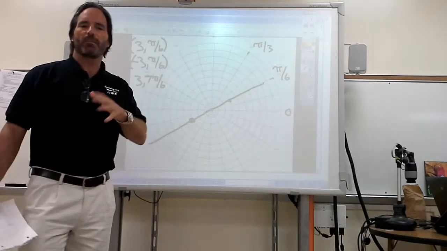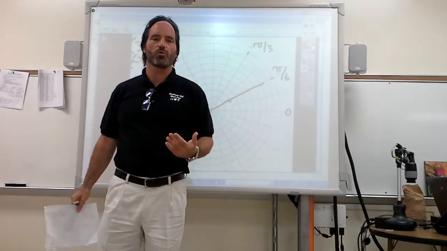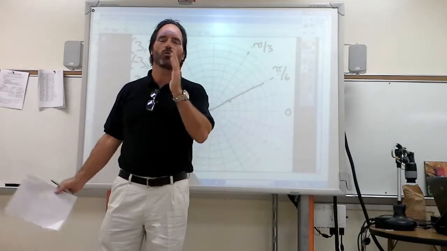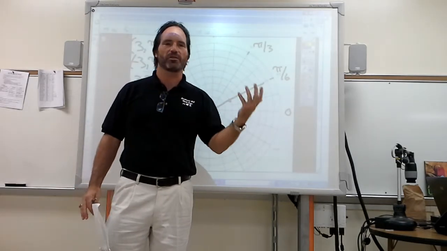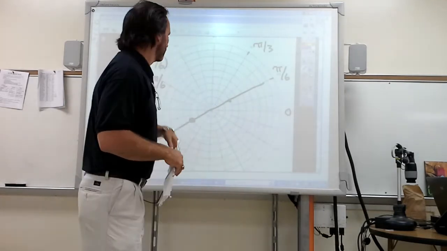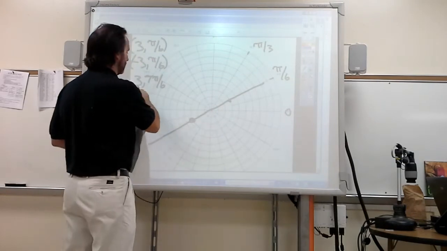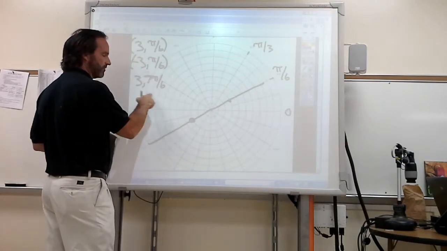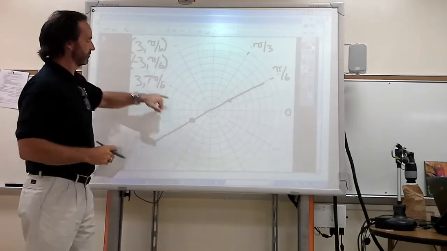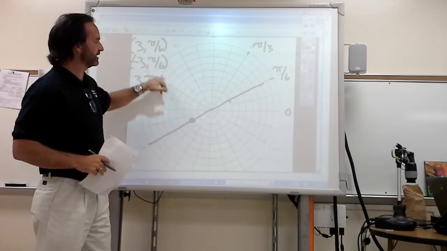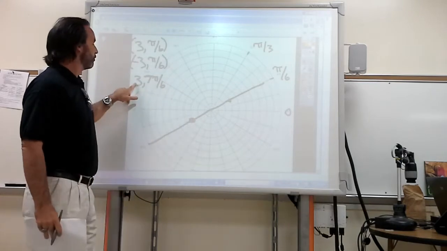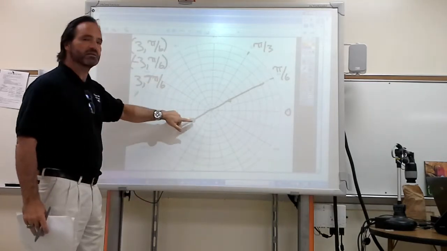What's different about this versus the xy Cartesian coordinate system is that we can represent one point in several, infinitely many different ways. Where in xy, 3 comma 4 can only be written one way. Here, notice this negative 3 comma pi over 6 is the same point as 3 comma 7 pi over 6.